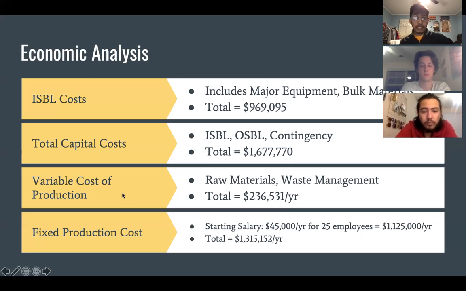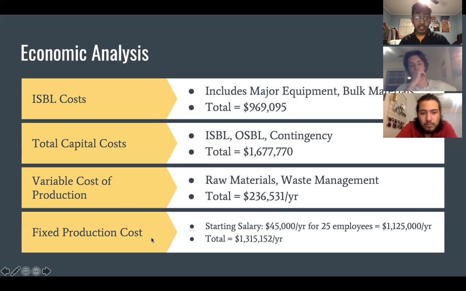The variable cost of production takes into account all of the raw materials going into our process: salt, water, the various vegetable oils that we're using to make our margarine. And we also took into account the waste management and utilities. This totals to around $236,531 per year.